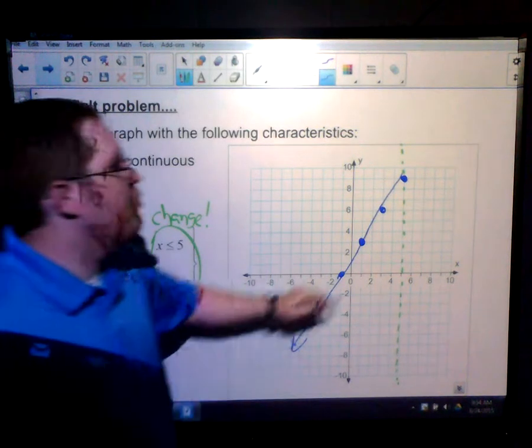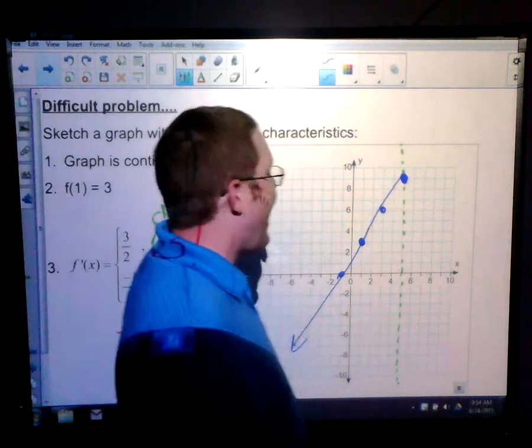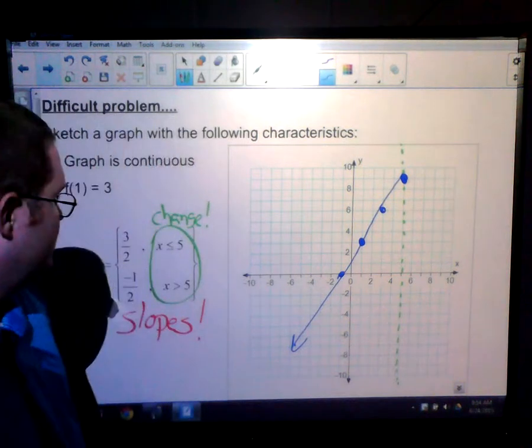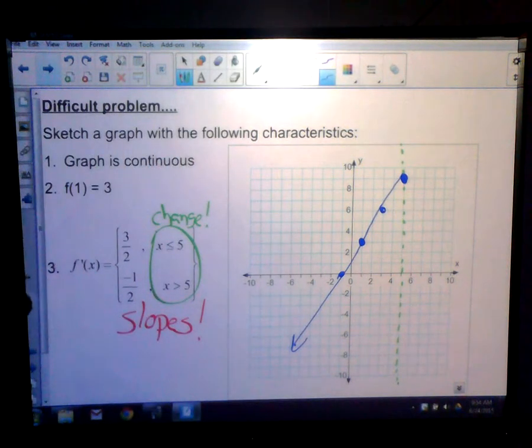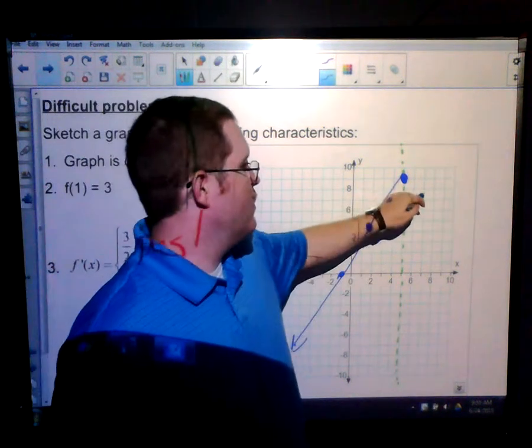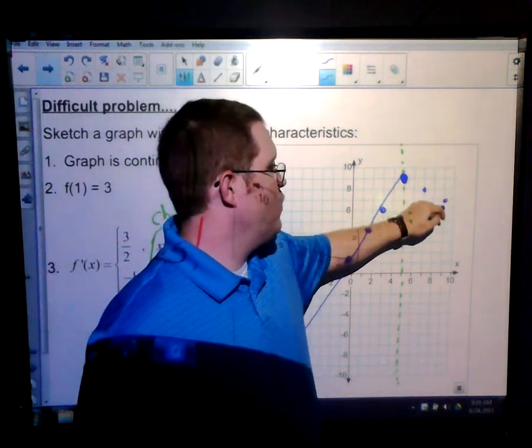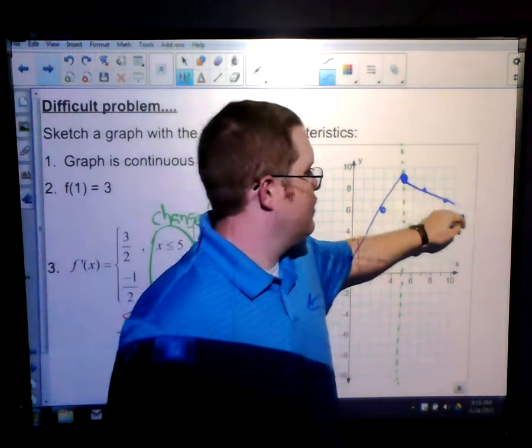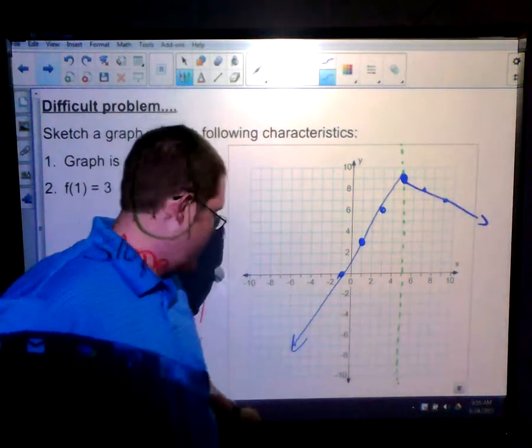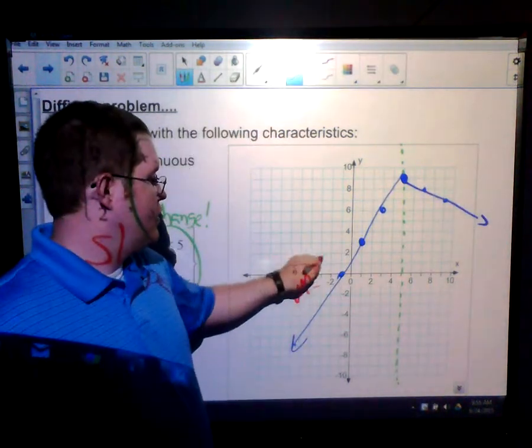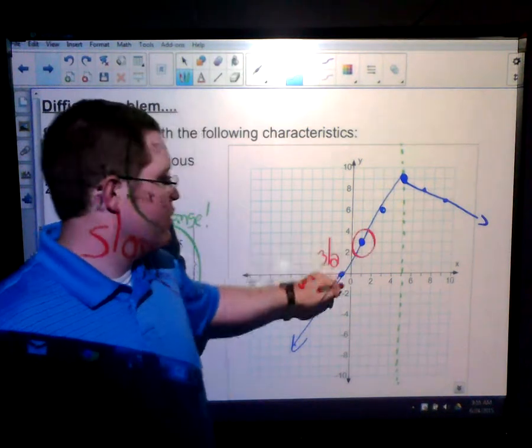Now, from that point, I have to change slopes. What slope am I going to change to? -1/2. That means down 1, over 2. It's going to look like that. So again, this slope is 3/2 from this starting point.